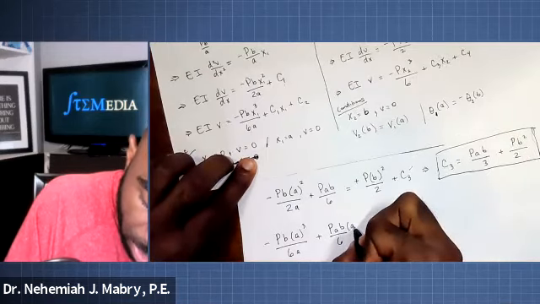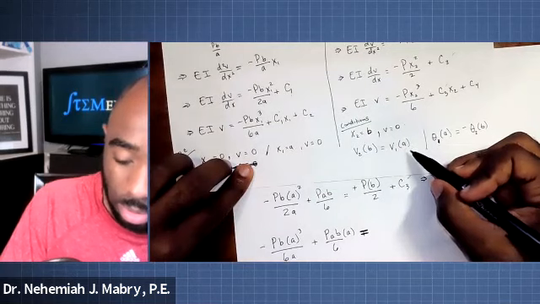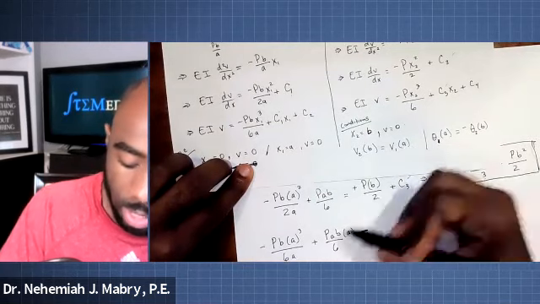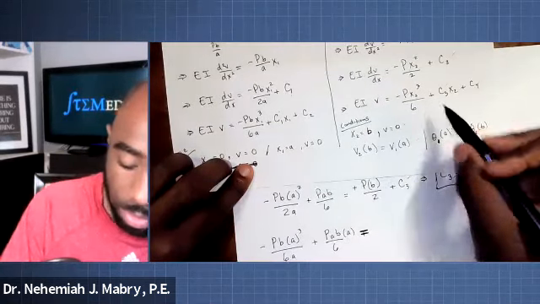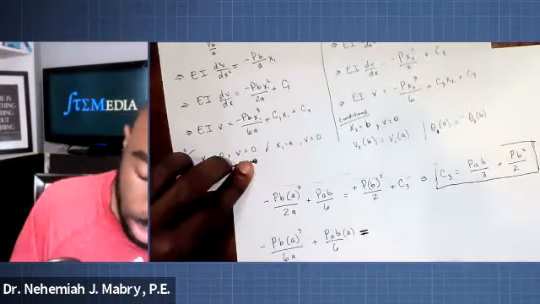And now we're going to write the V equation from the other side, and we're going to set x2 equal to B. This is V1, and then V2 is over here. So we're going to say negative P times B cubed over 6 plus C3.